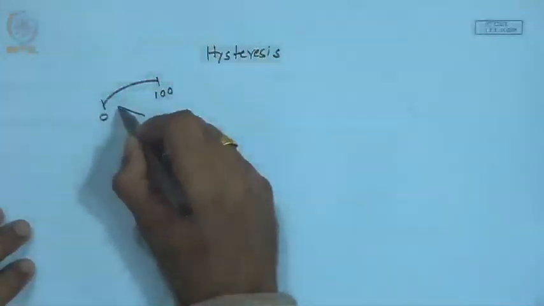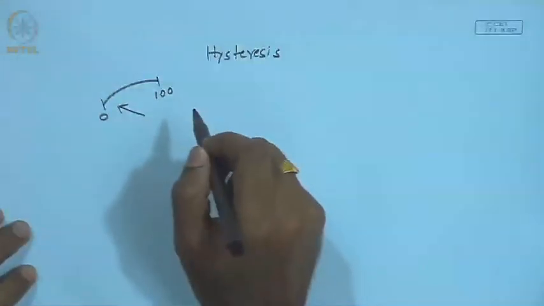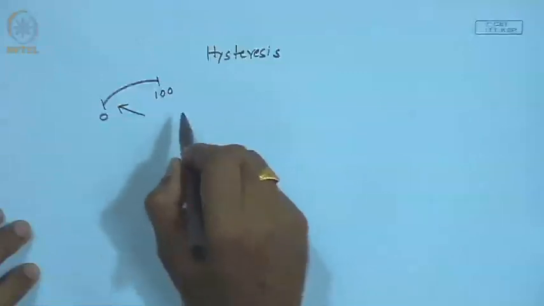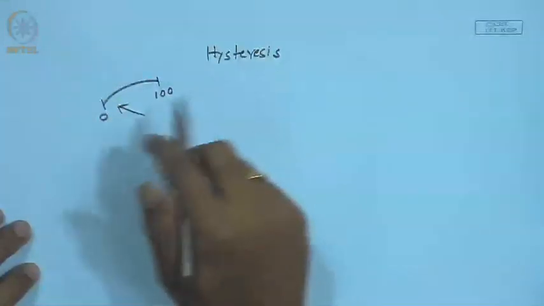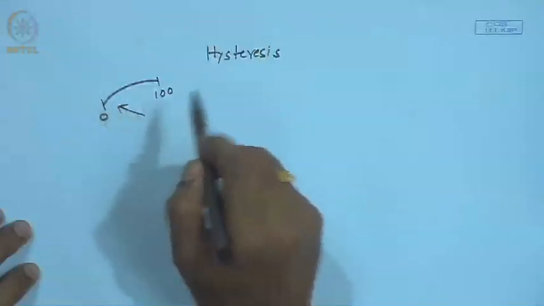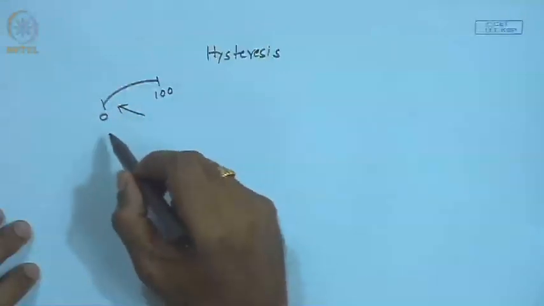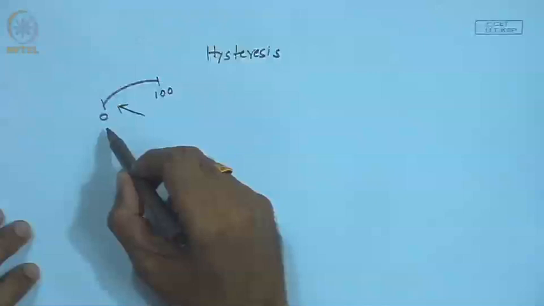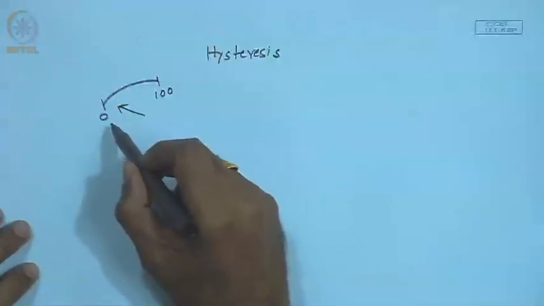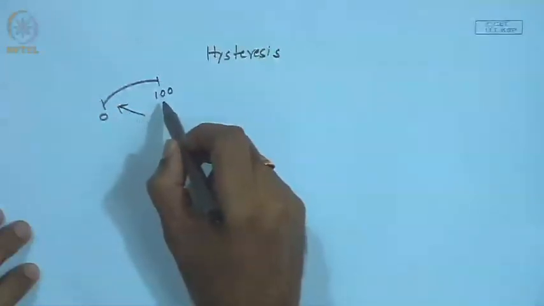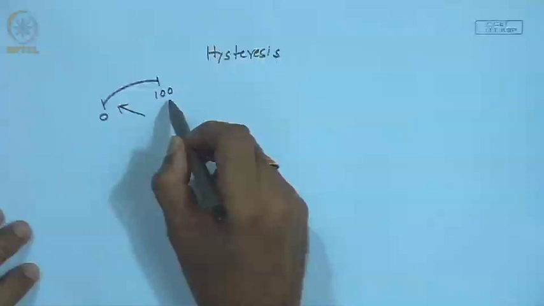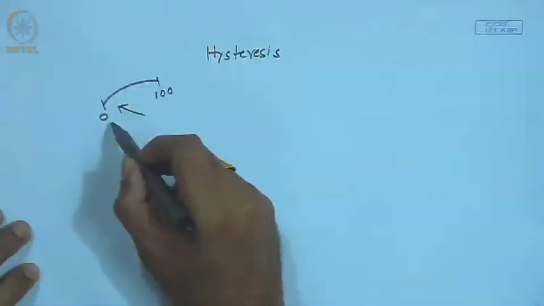So, this is a pointer. Let us say this is a pressure gauge. We go on increasing the pressure from 0 atmosphere to 100 atmosphere, and then slowly release the pressure from 100 atmosphere to 0 atmosphere.